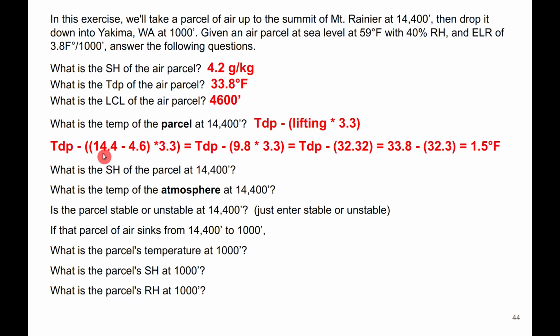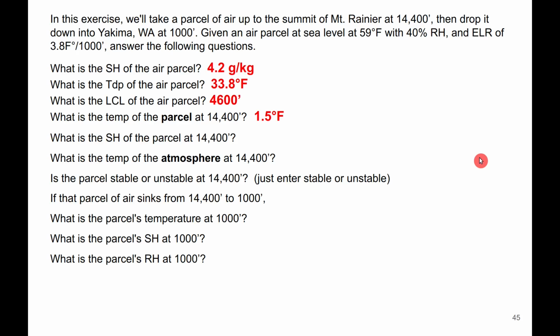So from 14,400 feet to 4,600 feet, that's 9.8 thousand feet times 3.3, which is 32.3. So our dew point temperature of 33.8 minus 32.3 gets us a temperature of the parcel at the summit of 1.5 degrees.